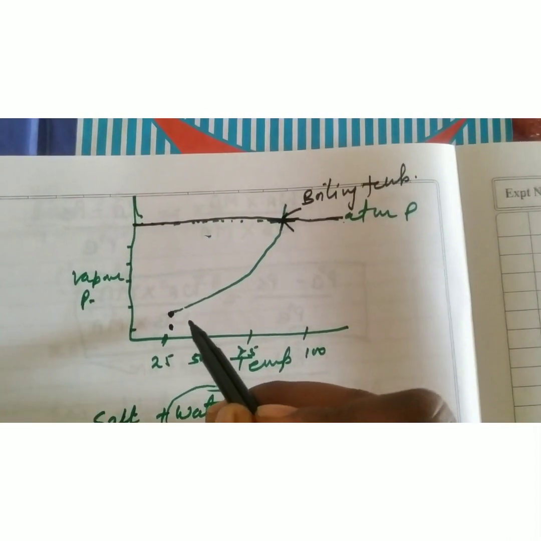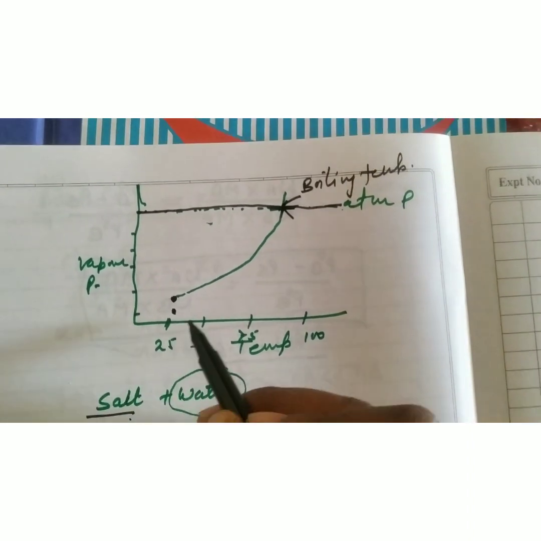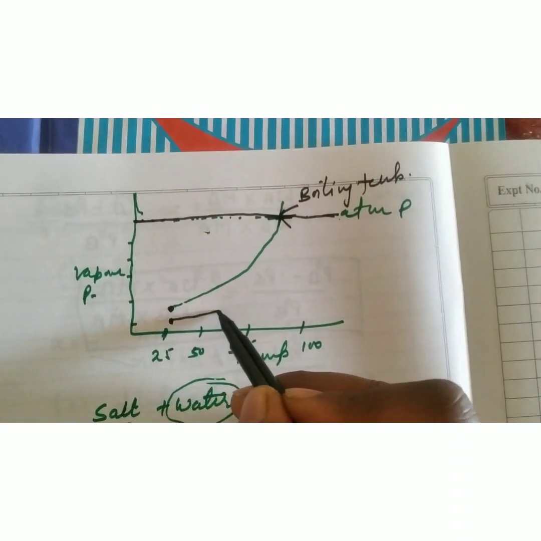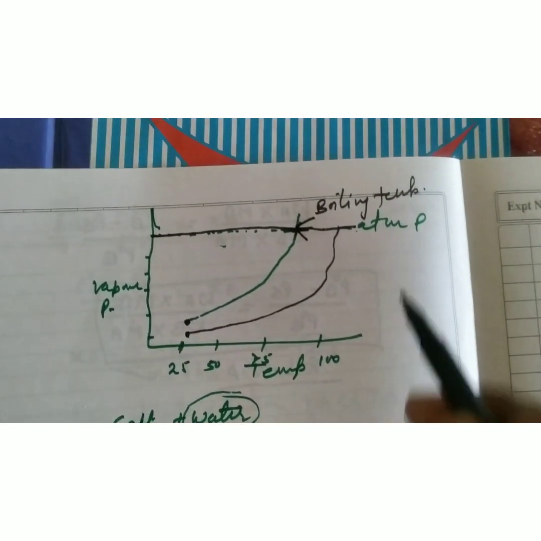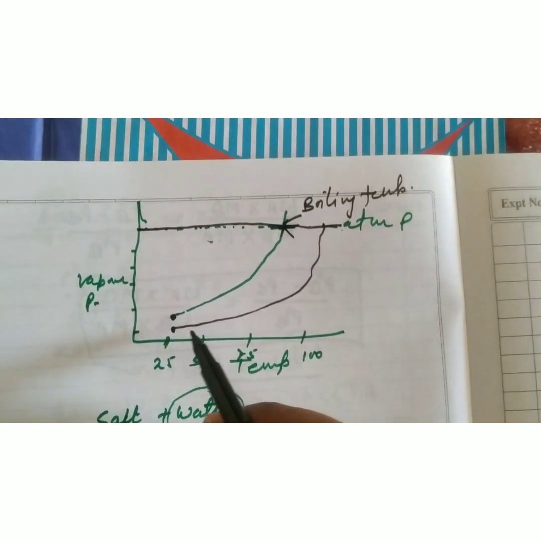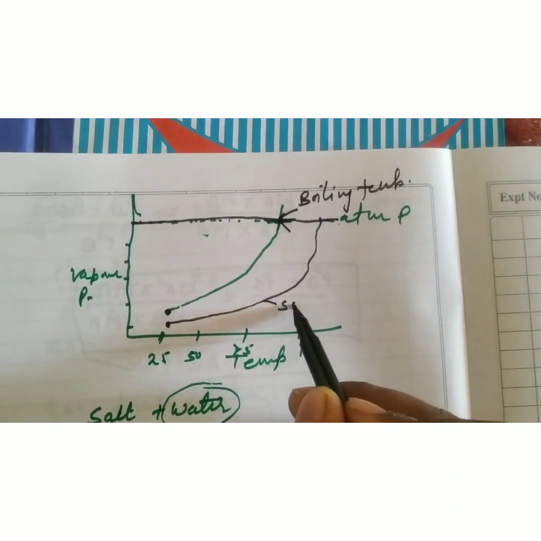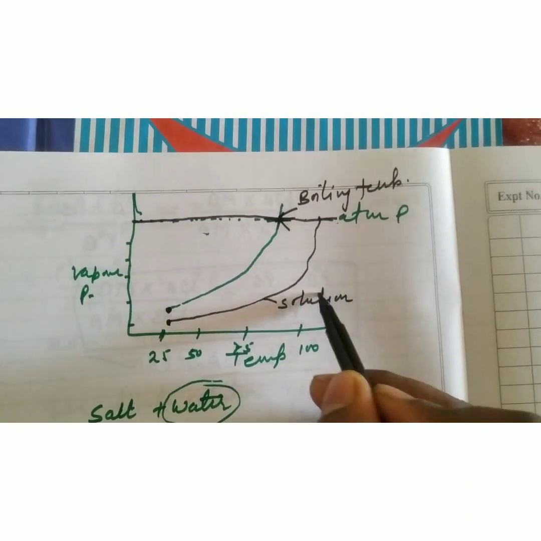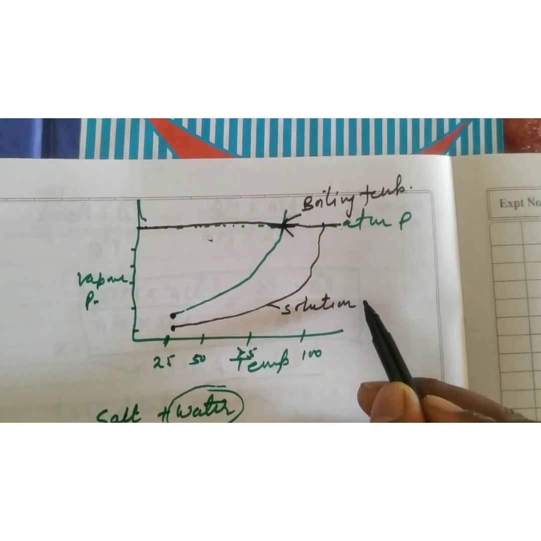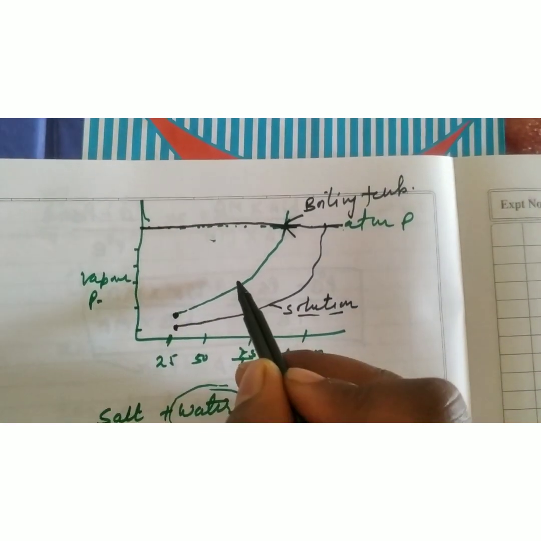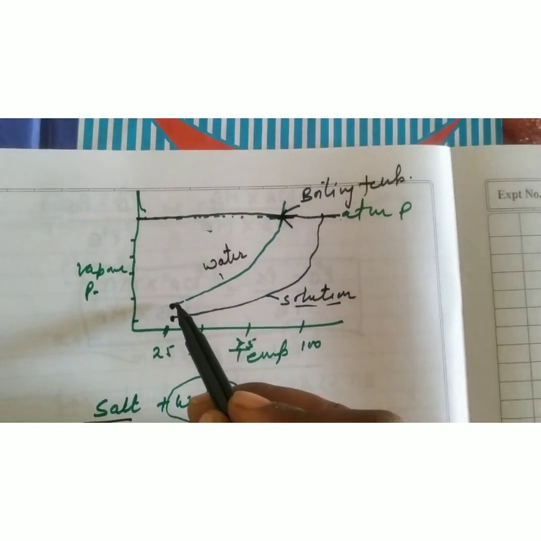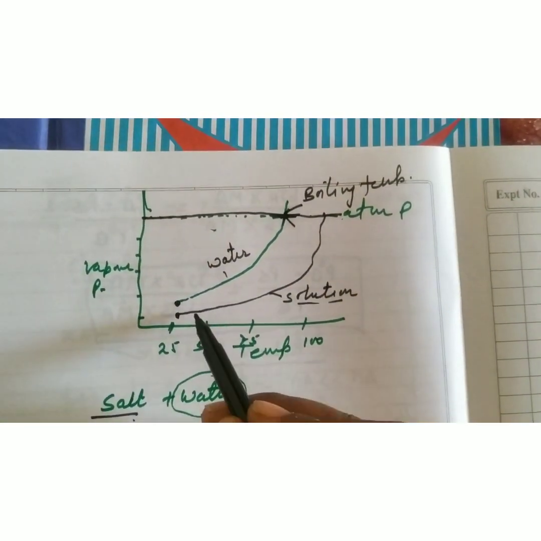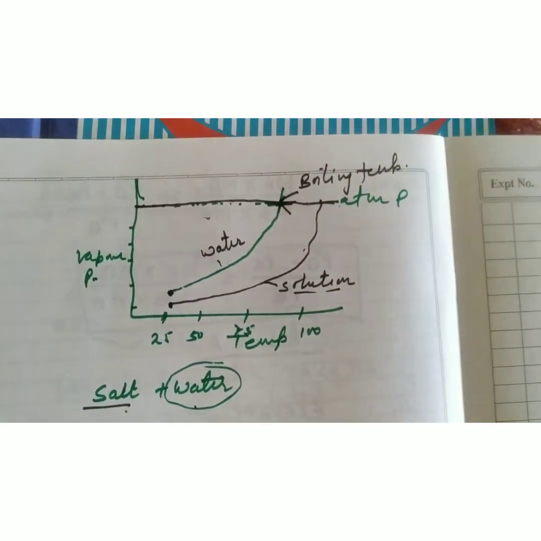Now by plotting a graph, it will become this one. The black line represents the solution, and this green line represents water. Clear? This is the boiling temperature of water, and this is the boiling temperature of the solution.